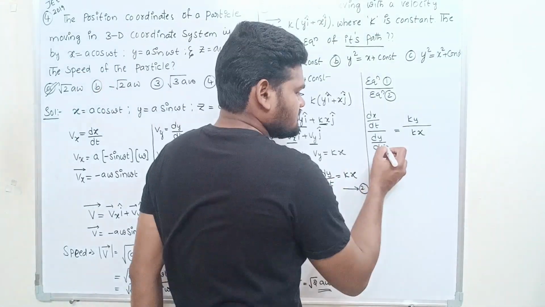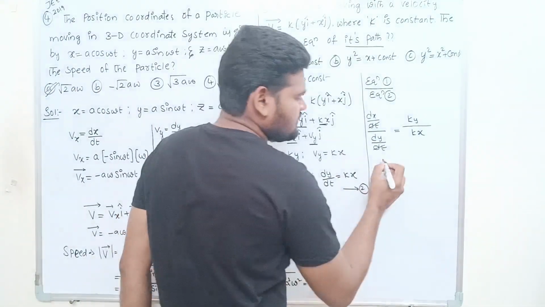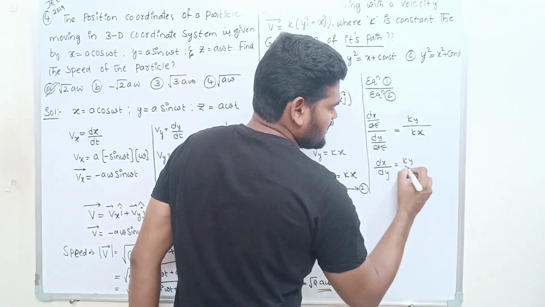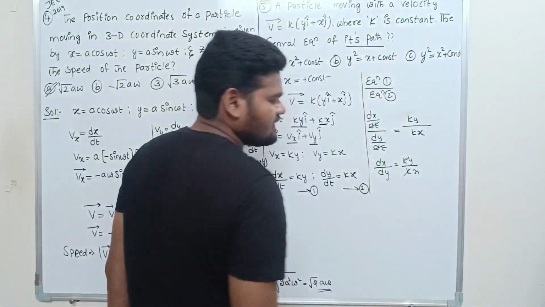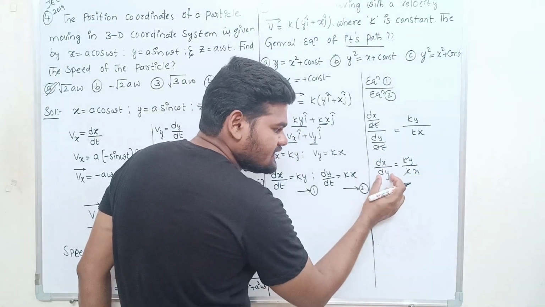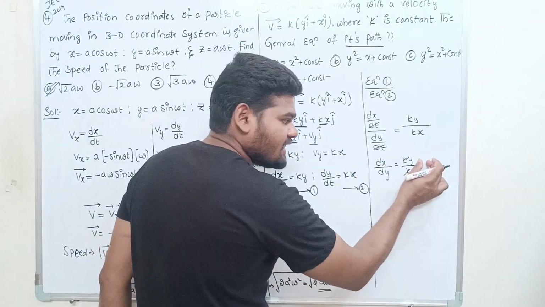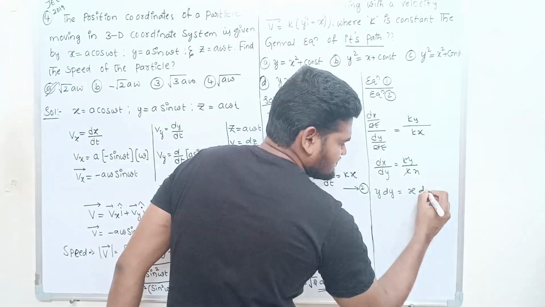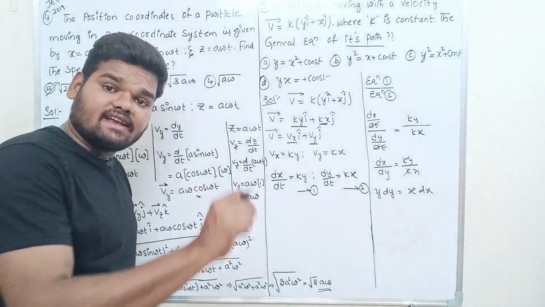So dt gets cancelled out, and dx by dy is equal to Ky by Kx. So K gets cancelled out. Bring this x to this side, it becomes x dx. Bring this dy to this side, it becomes y dy. So we got y dy is equal to x dx.